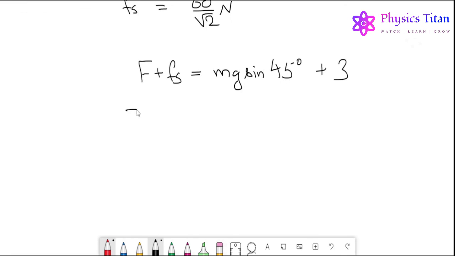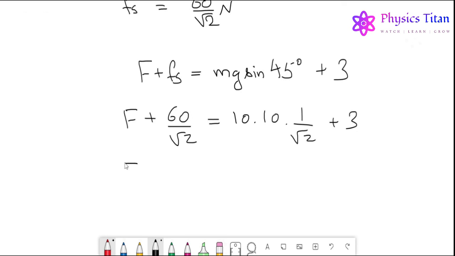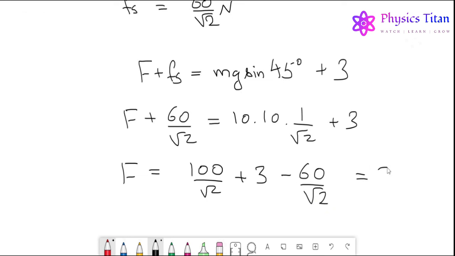Now we just calculated the friction force as 60 by root 2. So F plus 60 by root 2 is equal to m is 10, g is also 10, sin 45 is equal to 1 by root 2, plus 3. That means F is equal to 100 by root 2 plus 3 minus 60 by root 2, which is equal to 3 plus 40 by root 2.